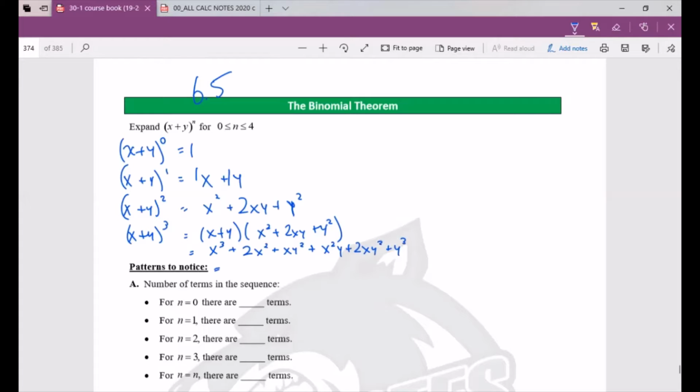So just squishing this in here, this ends up being equal to x cubed plus, and then just getting like terms, my x squared y terms, I have one of them here, I have 2 of them here. That gives me 3x squared y. My xy squared terms, I have one of them here, I have 2 more of them here, is also 3, so 3xy squared and then plus y cubed.